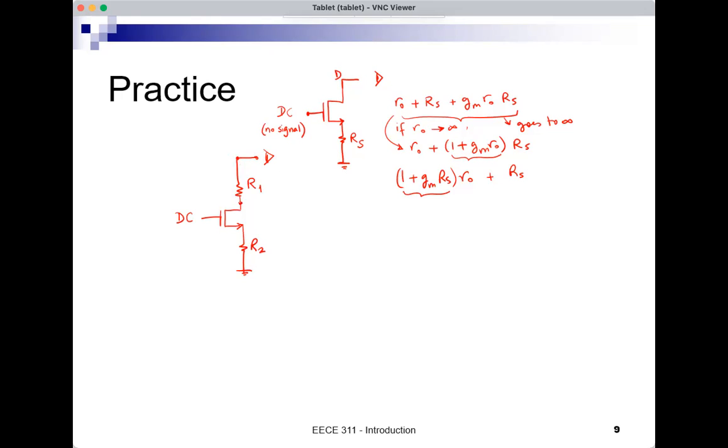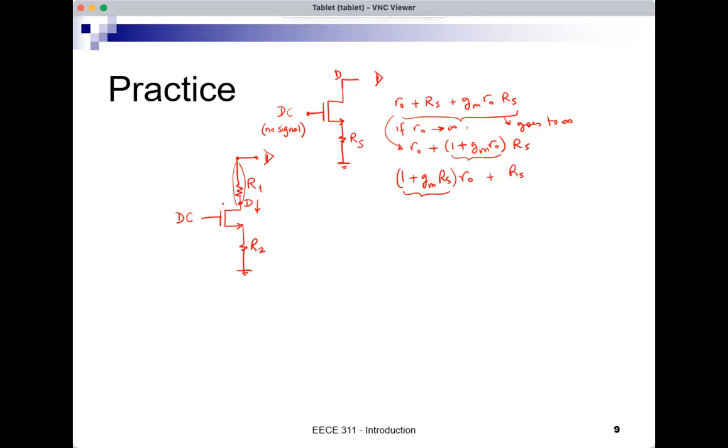The drain of the MOSFET is here, so I can't directly apply the rule that I have. R1 would be in series with what I see looking down into the drain. So I will see first R1, and then in series with it, the resistance looking down into the drain of the MOSFET.